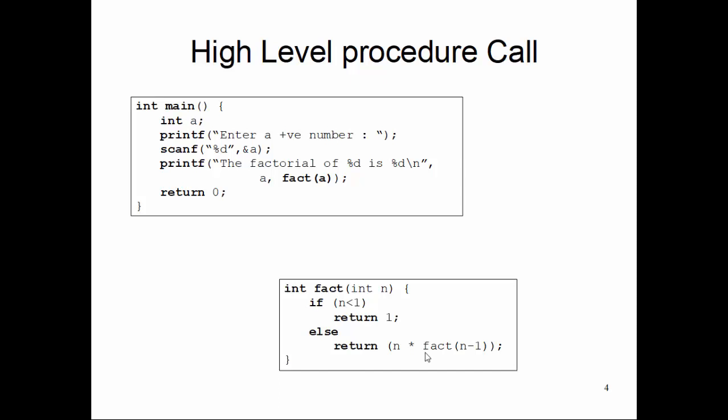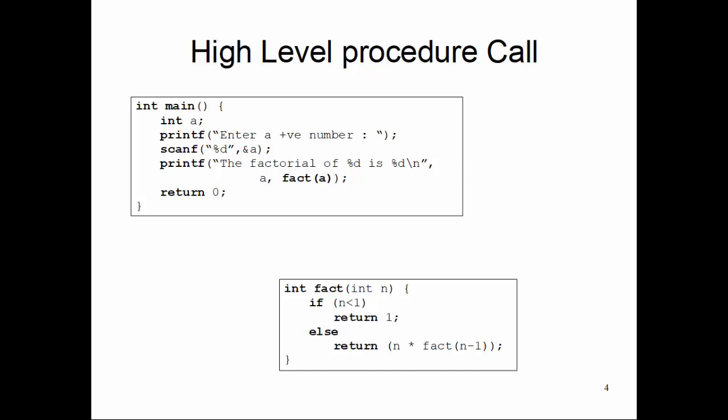This is a recursive function implementation: a function calling itself to implement its body. So it becomes a recursive function call. We'll focus in this lecture on this specific routine, and give examples around this recursive function called fact.